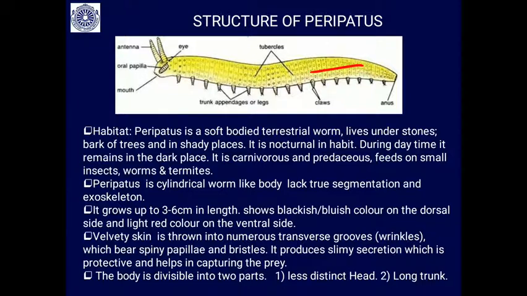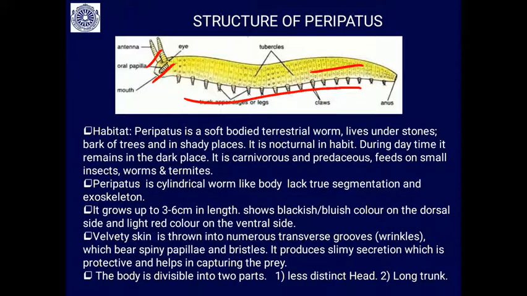It has a pair of antennae and an oral papilla. These oral papillae produce slime, releasing slime which is produced inside by slime glands. Of course, it is metamerically segmented.